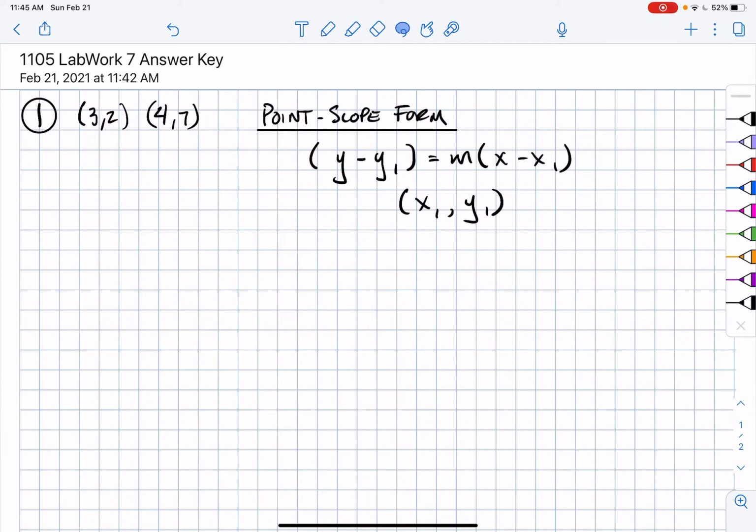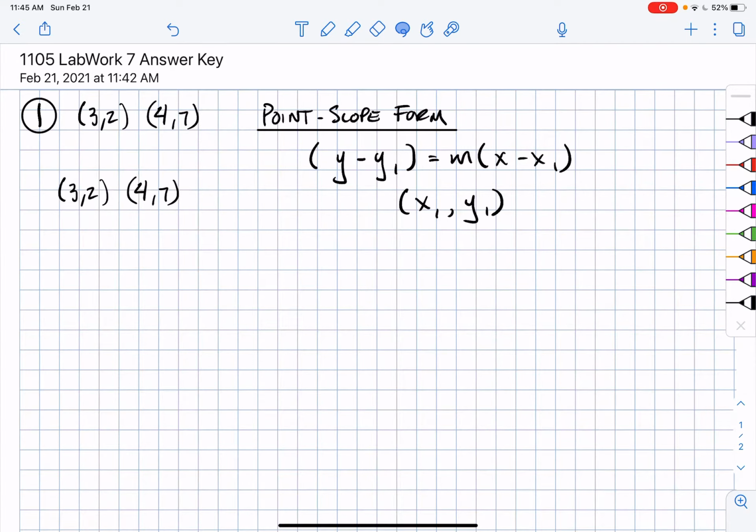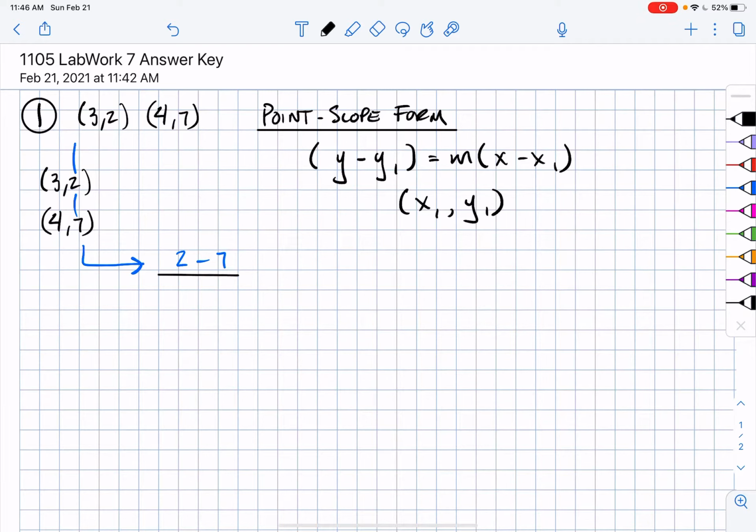So typically what I would do is take this, duplicate it, and I like to stack them, right? So I stack them this way, and I'll do 2 minus 7 over 3 minus 4.